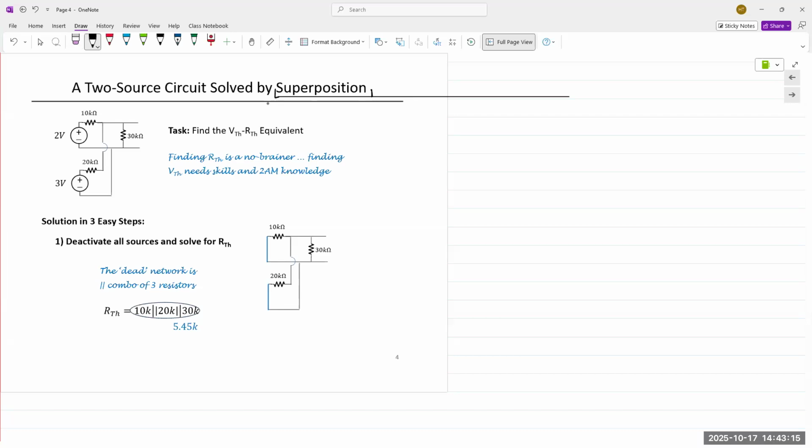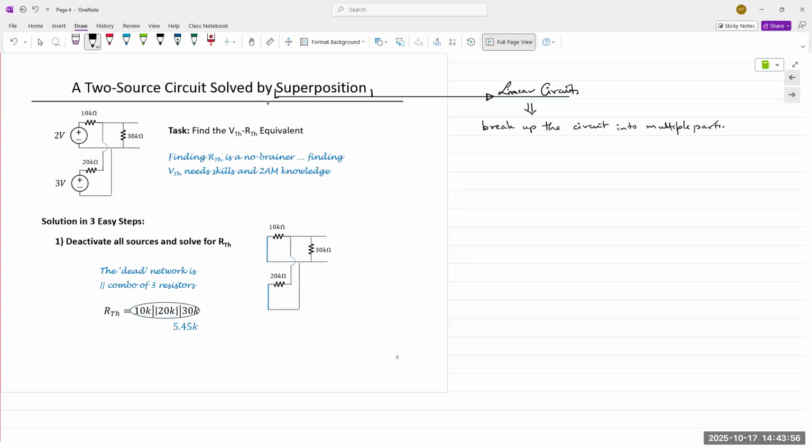Superposition applies only to linear circuits. What we do is break up the analysis of the circuit. When I say break it up, it does not mean that you're removing any other component.